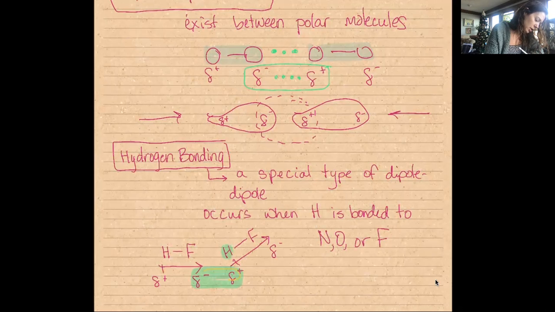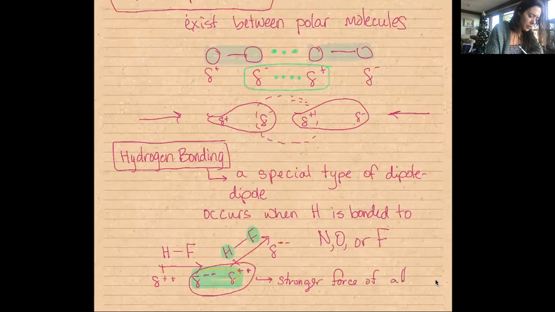Because hydrogen here is attached to fluorine, fluorine is very small and electronegative. Fluorine's charge is actually a little extra negative, causing him to be a little extra positive. Same thing happening over here. Due to the intensified positive and negative partial charges, we have a stronger force of attraction.